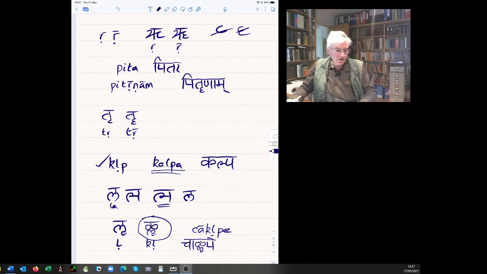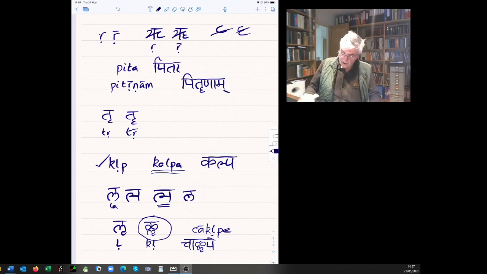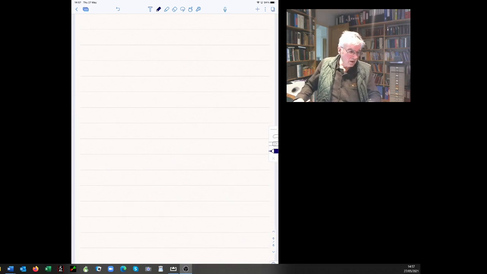Right, we'll now proceed to the third line of the vowels on page 4, which is e, ai, o, au. Do bear in mind in Sanskrit that you get the short and long a, i, u, r, r.